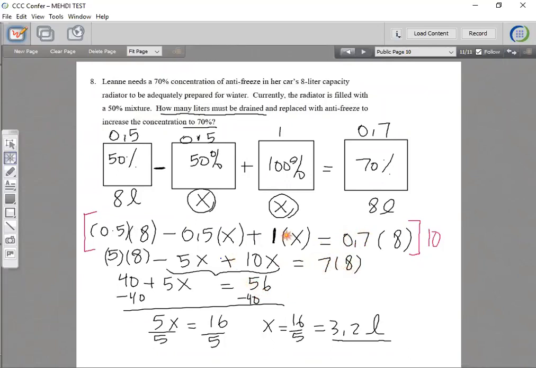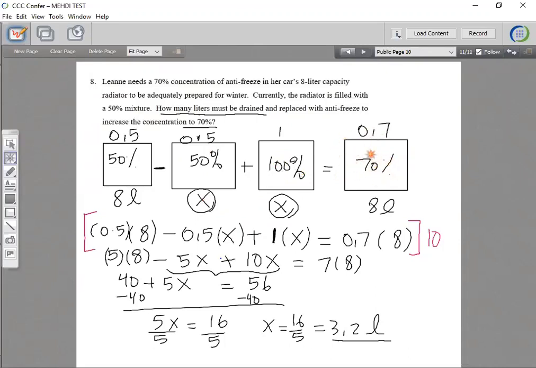The second question was, where does 100% come from? Okay, when we replace a part of this antifreeze, which has already been used, the strength of that is 50%. When I drain this X amount, in replace of this X amount, I'm going to put 100% antifreeze in there so I can improve the strength to maintain at least 70%.